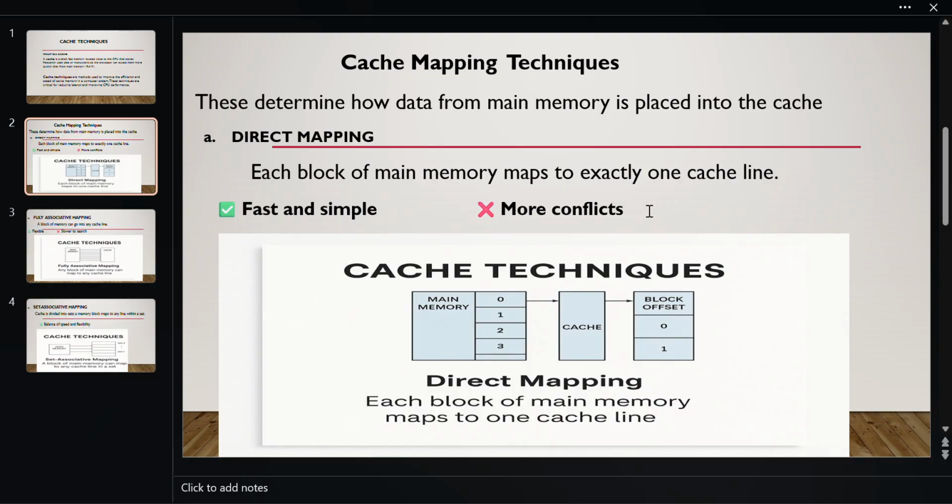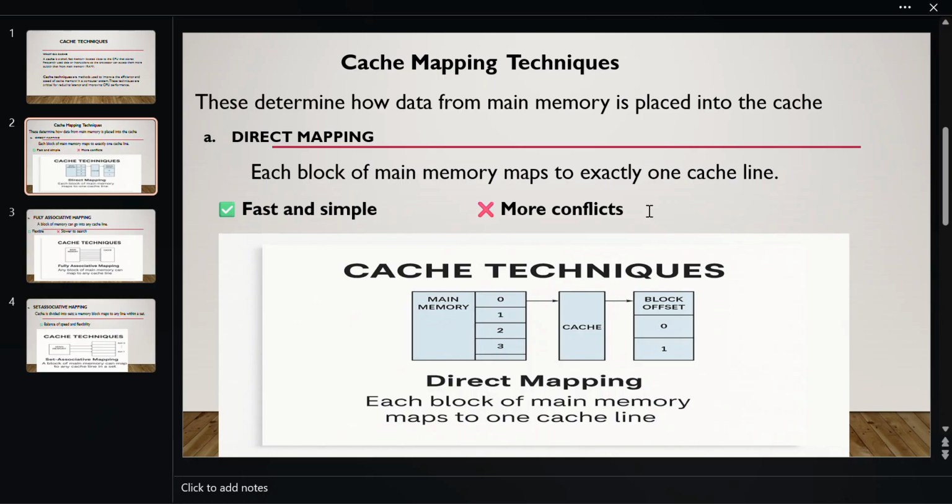A cache line is the smallest unit of data that can be transferred between main memory and the cache. It can also be called the cache block. Think of it like this: when a CPU requires data, it does not bring one bit into the cache.